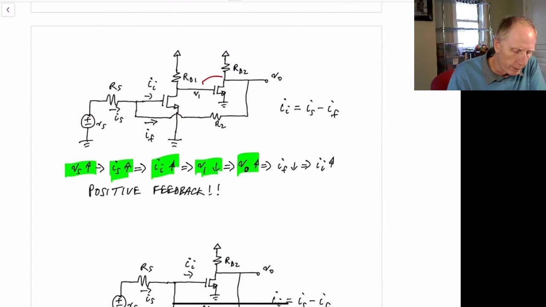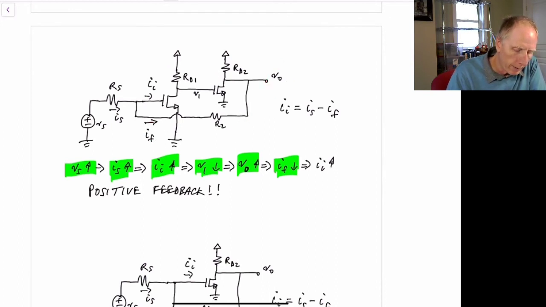V sub out increasing will cause the feedback current to decrease. So if this voltage here goes up, then that decreases this. In other words, if you imagine that we had 0 volts across here, if I bring this up, current will actually flow this direction, which will be decreasing I sub f.